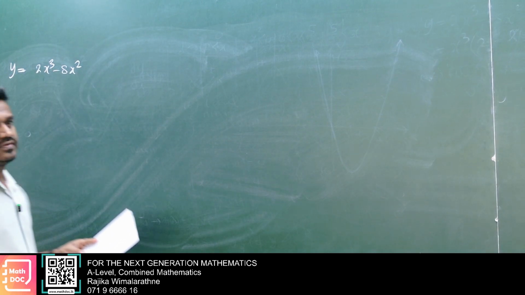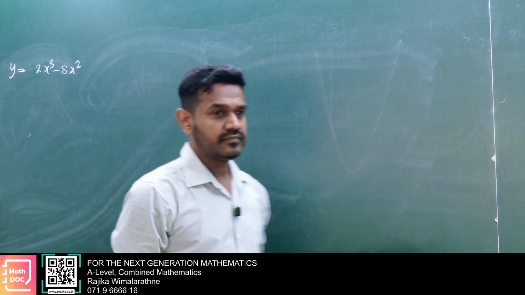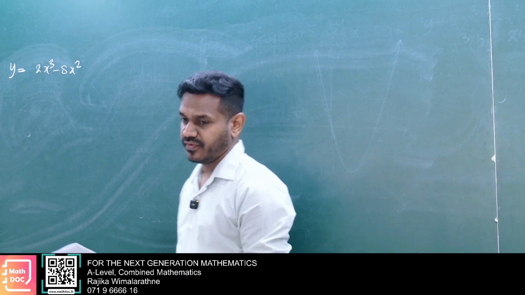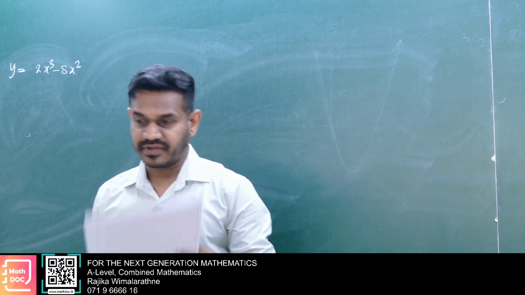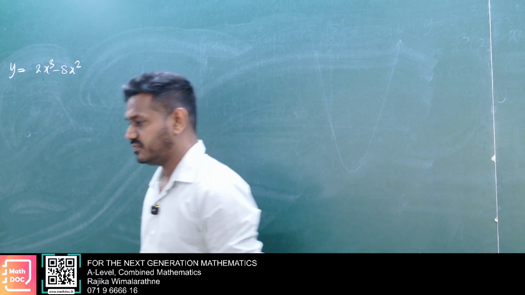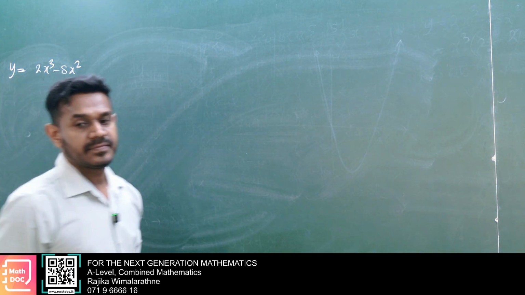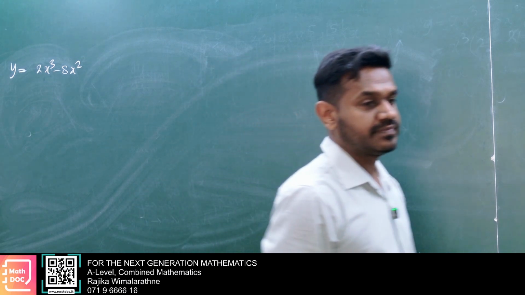Okay, take this: y equals 2x cube minus 8x squared. Follow the previous procedure.